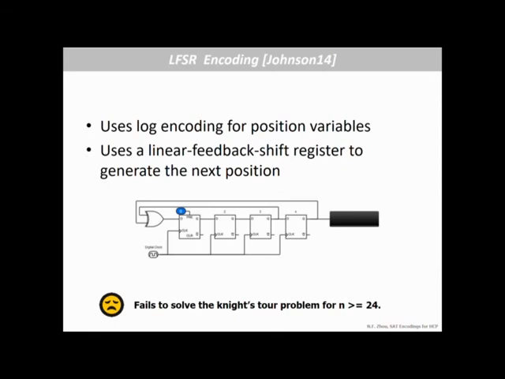Recently, Andrew Johnson proposed an encoding called LFSR encoding, which is very compact, uses log encoding for position variables, and uses a linear feedback shift register to generate the next position. This encoding is able to solve the problem for size 22, but does not scale well.